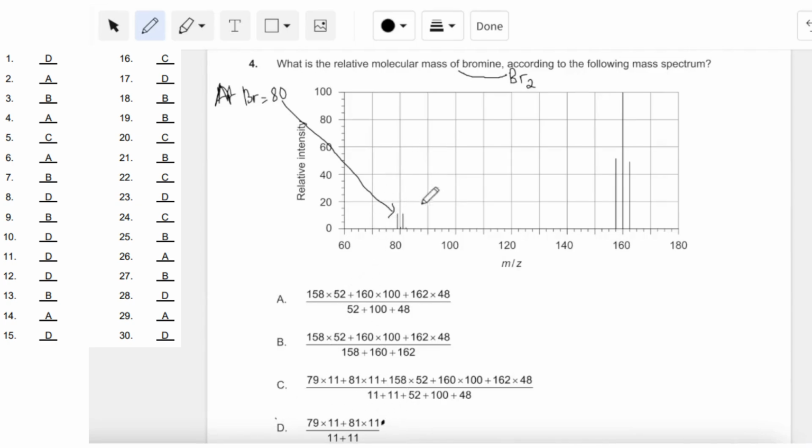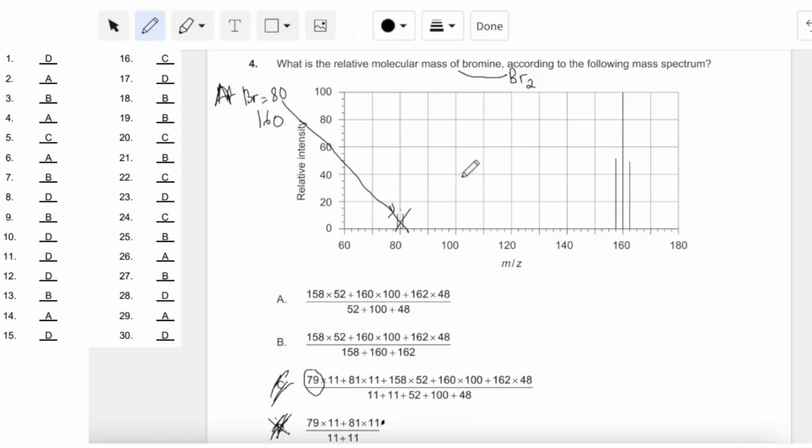However, bromine is Br2, so it's going to be around 160. So it's not this one, and obviously it's not this one. If 79 is here, we also cannot do this one.